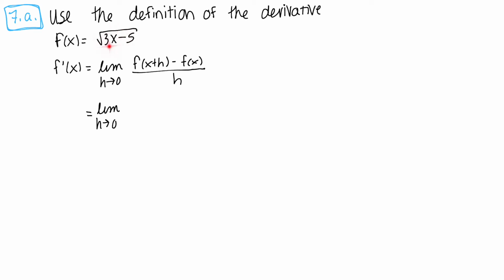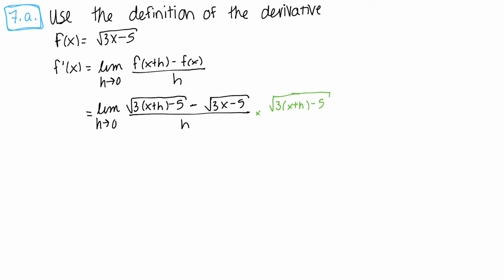F of x plus h is replacing x with x plus h. So we have the square root of 3 times x plus h minus 5 minus the square root of 3x minus 5. That's just f of x, all over h. If you plug in 0 now, you're going to get 0 over 0. So this is going to be a conjugate problem. So you're multiplying by the conjugate of the radical part, which is the numerator in this case.